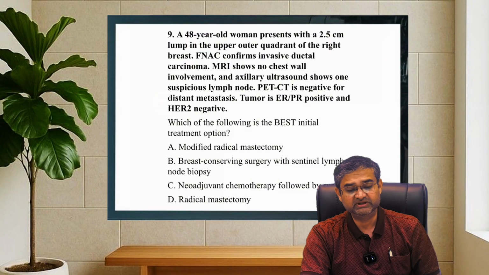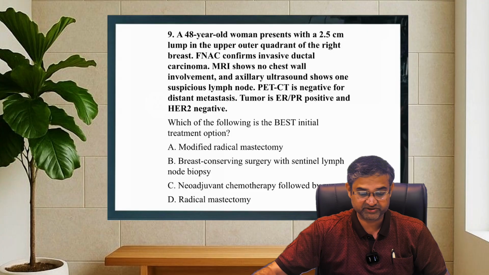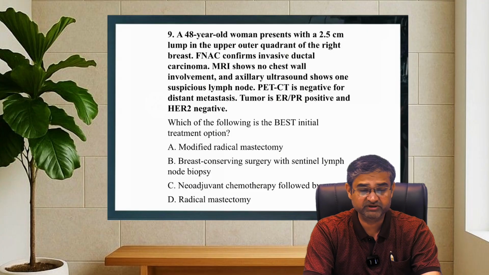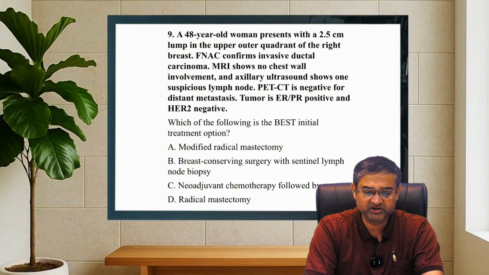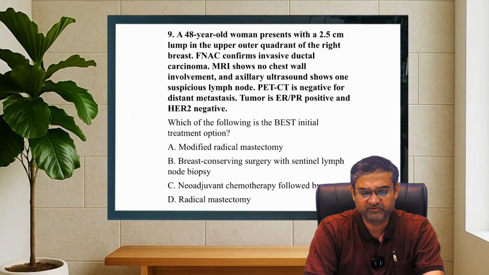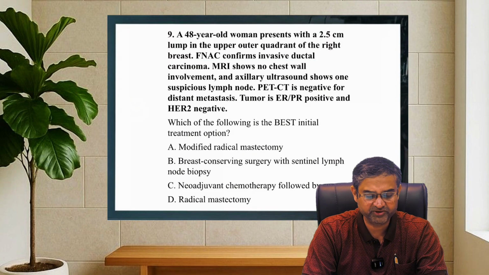So this means that this cancer is amenable to conservation. We can go for conserving the breast, and the patient can have a good cosmetic result along with clearance of the tumor from her, with lymph node biopsy. And then we will further decide about postoperative chemoradiotherapy.